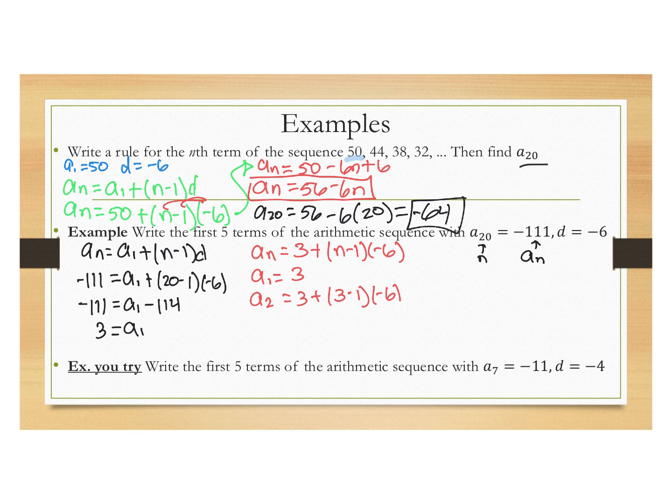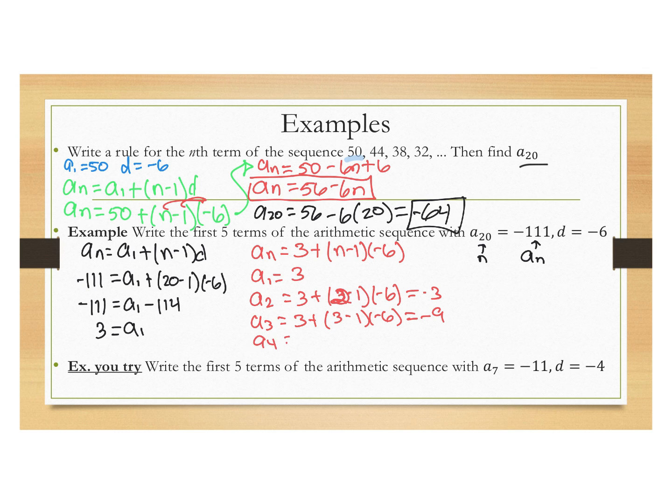Okay, and then we type it into a calculator. Should be negative 3. To find a3, we'll do the same thing. 3 plus, I made a boo-boo, that should be a 2. 3 plus 3 minus 1 times negative 6 would be negative 9.